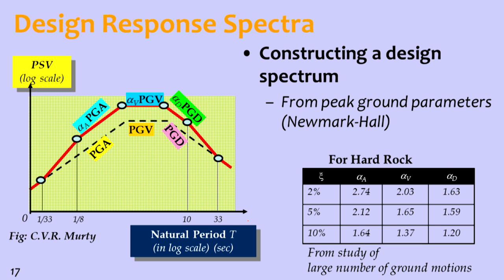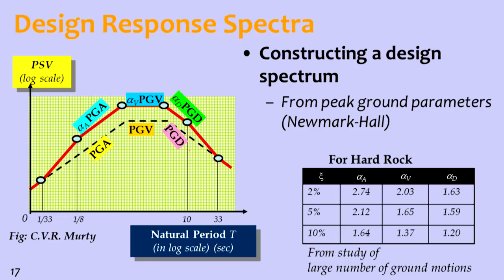So how do we get this design spectrum? After getting a suite of response spectra for the different ground motions that are likely to occur in that area, we do an averaging kind of thing. This averaging is called statistical averaging. The detailed procedure is given in the Newmark and Hall textbook.